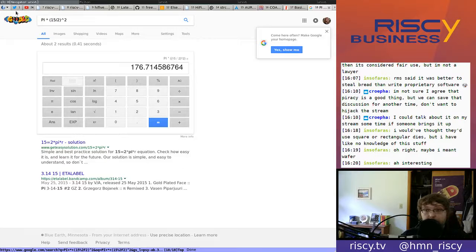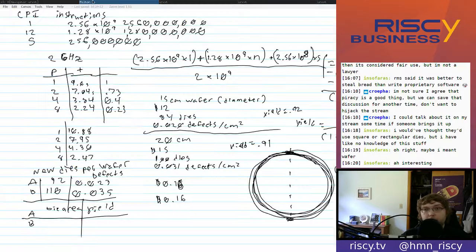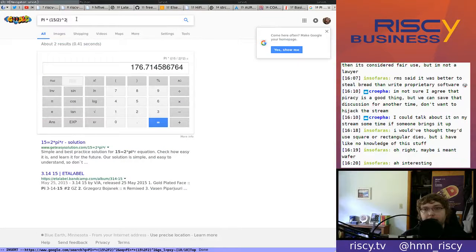So that's 176.71 centimeters squared. And then we're going to take that divided by the 92 dies.